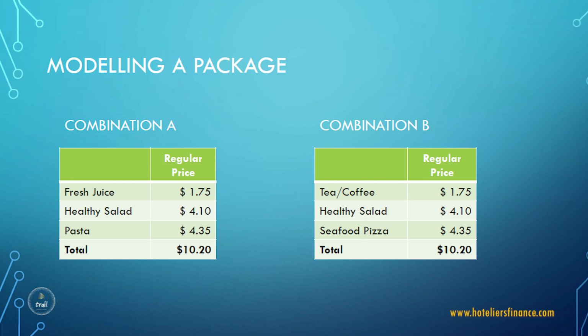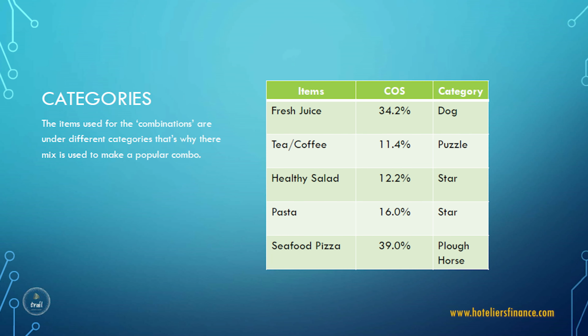Now, this is what customers see, but in the background, what an outlet sees is different. The fresh juice cost of sale is 34%, so it's under the dog category. Healthy salad, the cost of sale is 12%, which is under the star category.